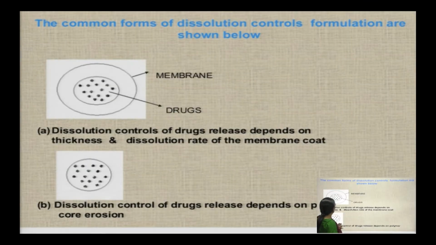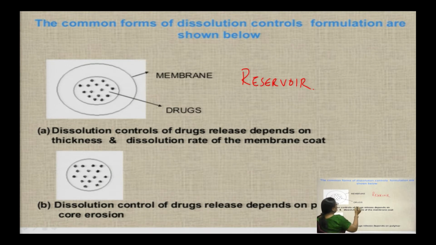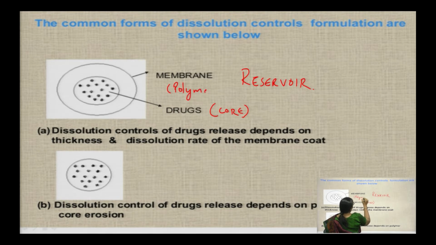This is a diagrammatic representation of reservoir type of systems, dissolution control systems, and matrix types of controlled release systems. You can see here clearly that the first diagram represents a reservoir type of system. There is a central core made up of the drug particles, and there is a coating membrane which is made up of the polymer.